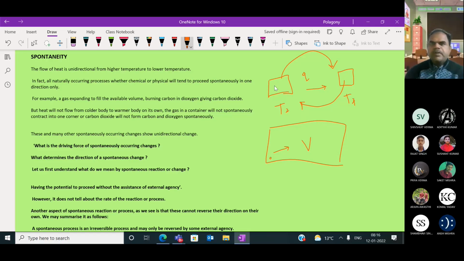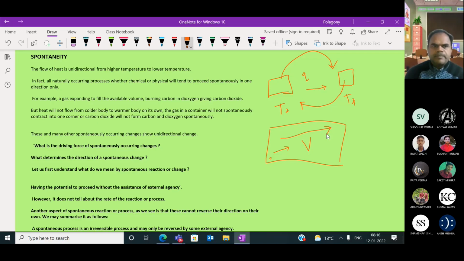So transmission of heat from hot to cold, and diffusion of the gas to occupy the volume of the room or the container, is spontaneous. Are you getting my point? I'm using two words. One is unidirectional, the second one is spontaneous. Spreading the gas in the container is spontaneous, right?